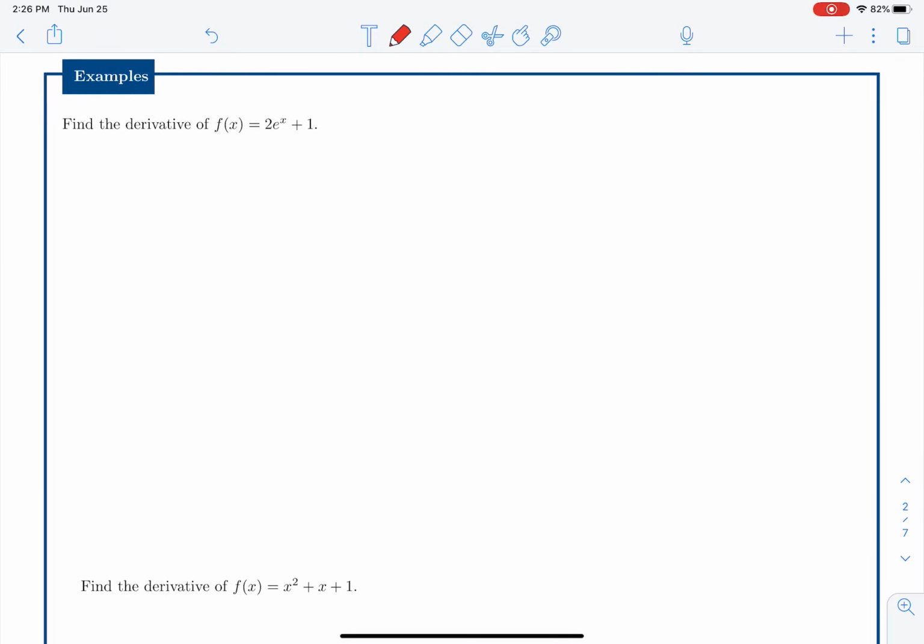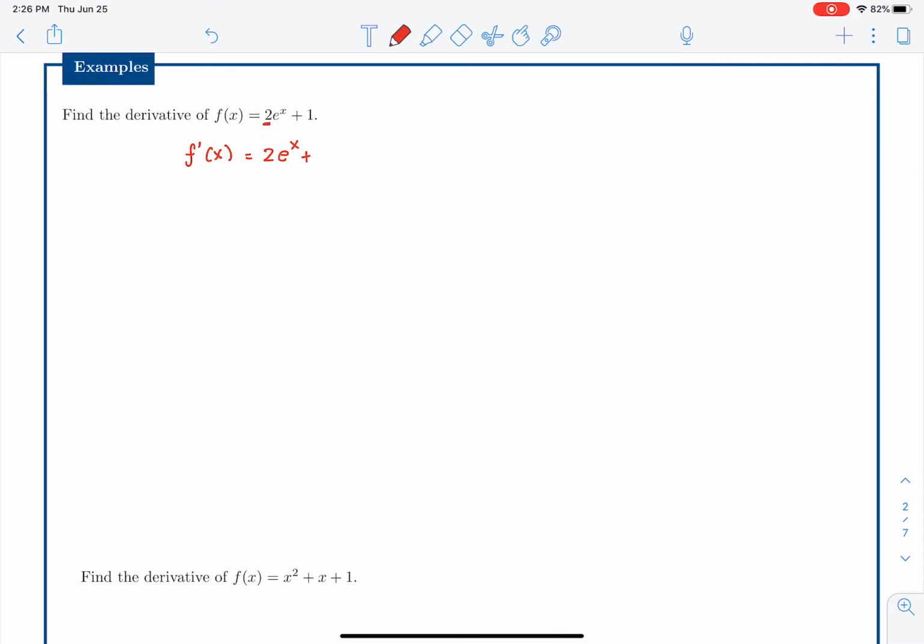Here we want to find the derivative of 2 times e raised x plus 1. Now, f prime of x, if we have a number multiplied to a function, in this case an exponential function, the derivative doesn't affect that 2 as long as it is in product. So 2 remains as is. The derivative of e raised x is simply e raised x, plus the derivative of 1 is a constant, so that would be 0.